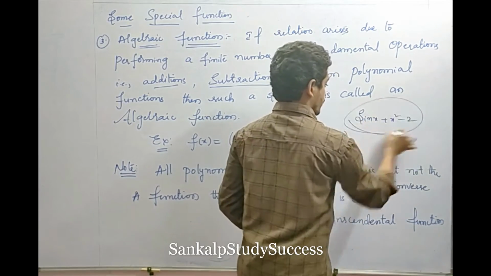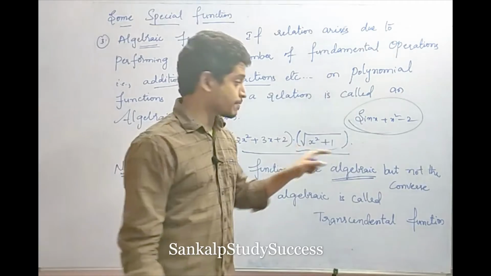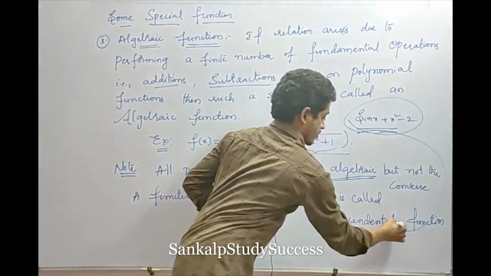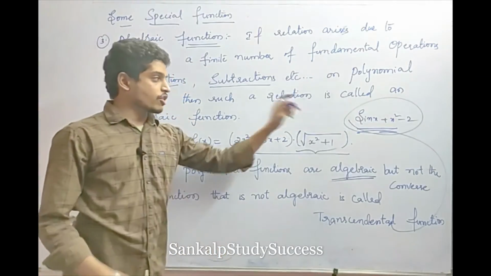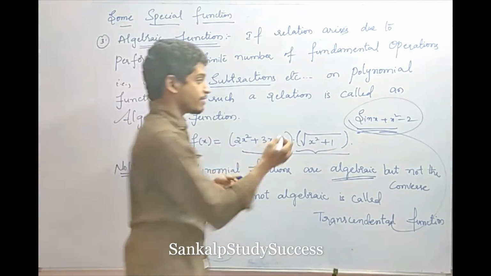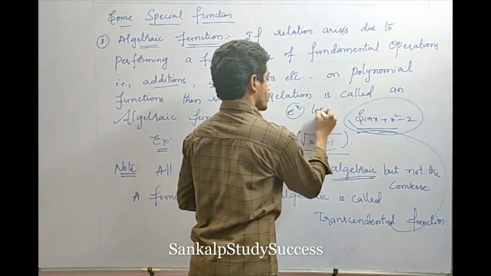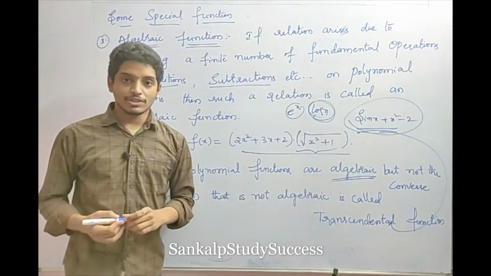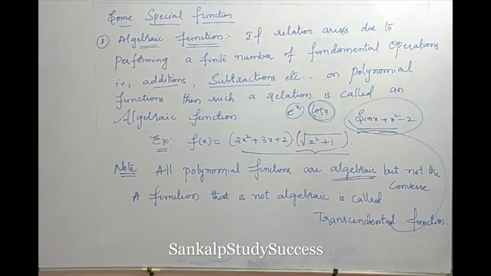This is not an algebraic function, friends, because sin is involved, therefore it is called a transcendental function, right? So whenever trigonometric, exponential or logarithmic functions are involved in any algebraic function, they turn into transcendental functions, right? So this is very important, please check it once.